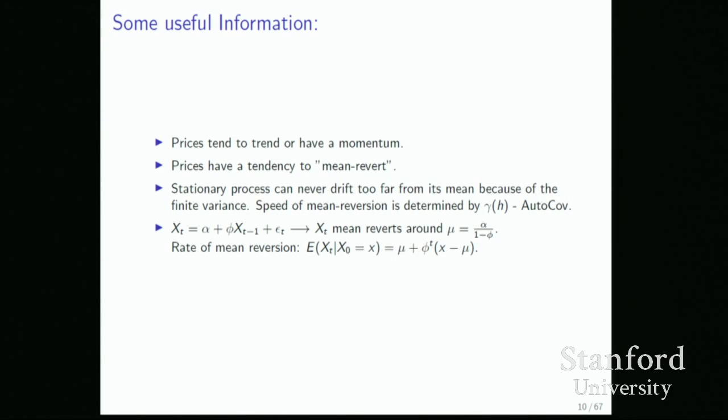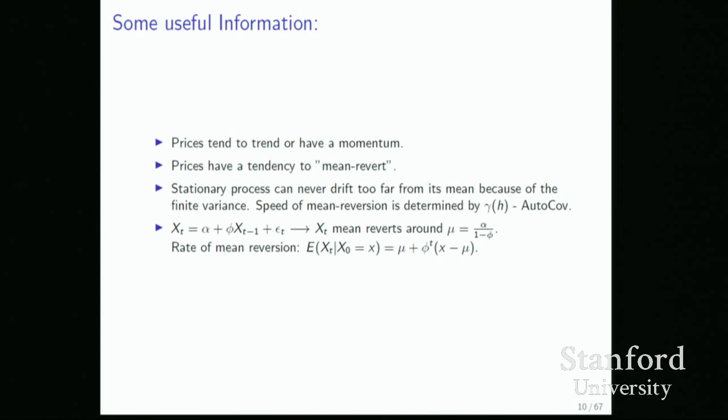And the concept that's going to help us to exploit this fact is the stationarity concept. A stationary process, as we know, is never going to deviate far from its mean, because of the finite variance. But if you have a non-stationary process, we know the variance need not be finite, so that concept doesn't apply.